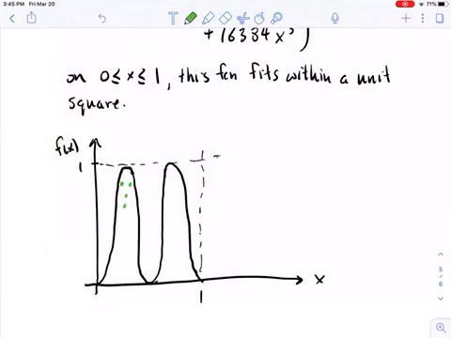And so what we'll do is we'll take some points, and we're going to spray points on this square, and we're going to say if they fall underneath the function, those are going to be our hits. And so those are the green dots.